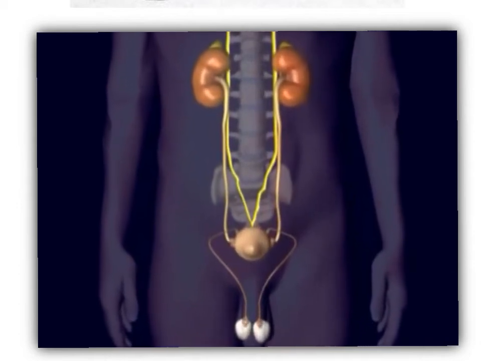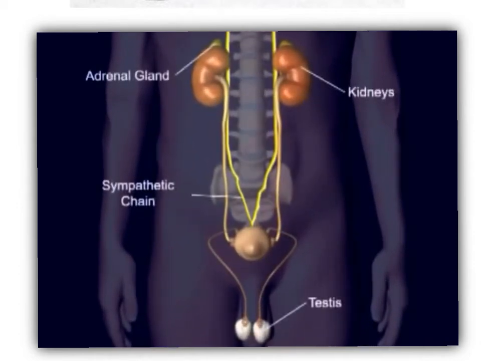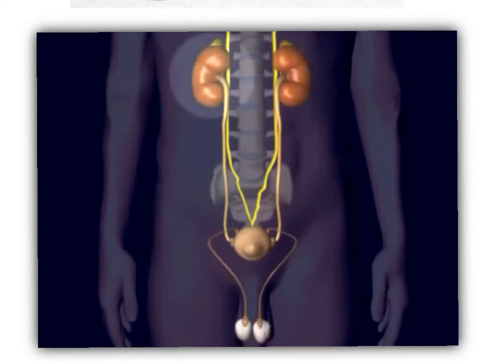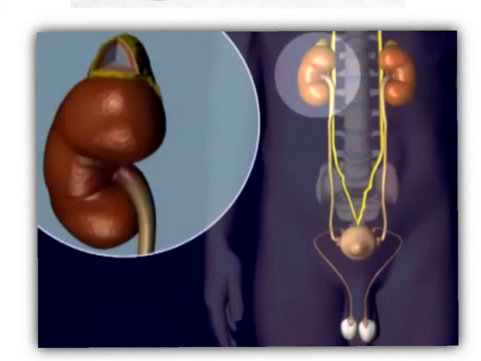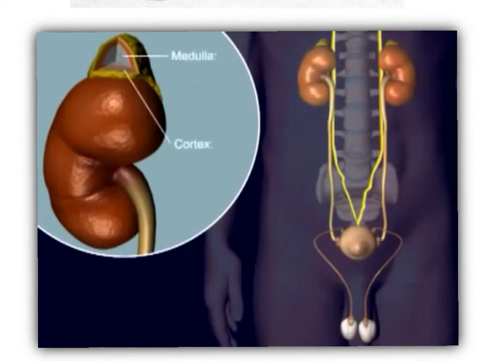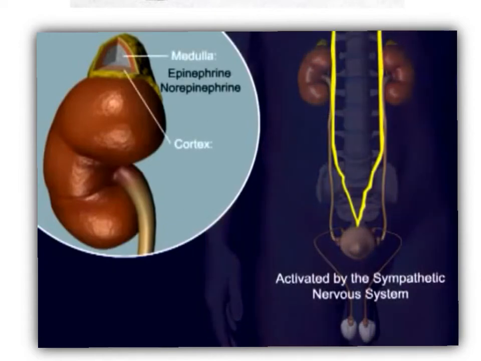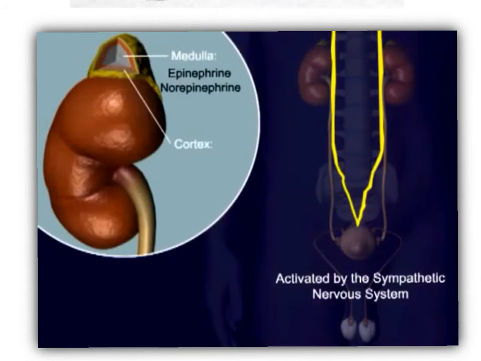The adrenal glands, located on the superior aspect of the kidneys, are responsible for the release of several hormones. The adrenal medulla, or inner portion, secretes epinephrine and norepinephrine into the bloodstream in response to stimulation by the sympathetic nervous system to produce the body's fight or flight response.